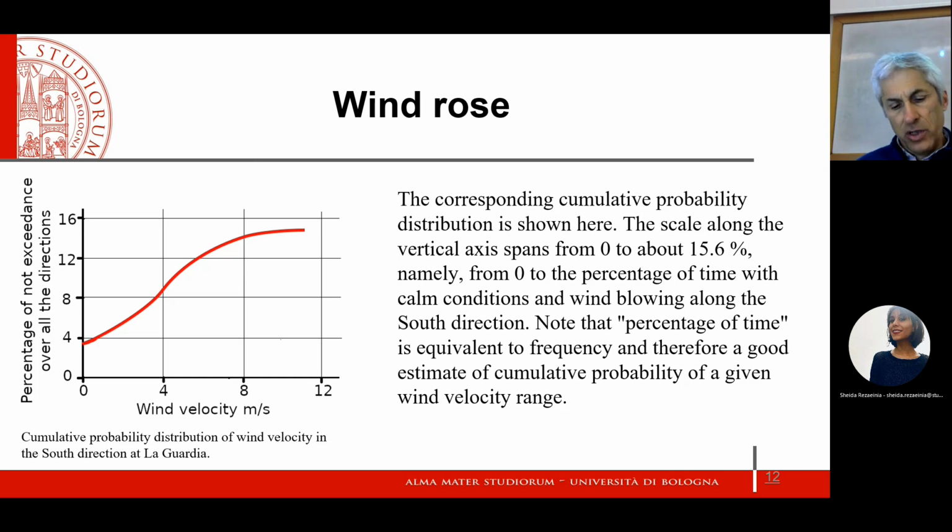And so if I have a frequency of 1/100 and the time step is 1 year, it's never 1 year for wind, but let's just make an assumption, it means that a frequency of 1/100 more or less corresponds to a return period of 100 years.